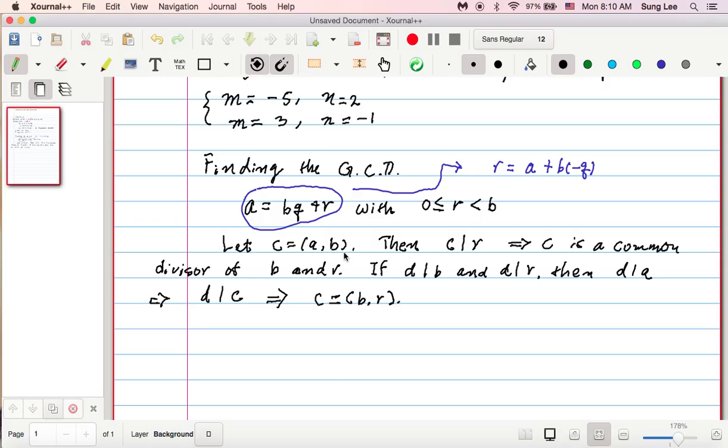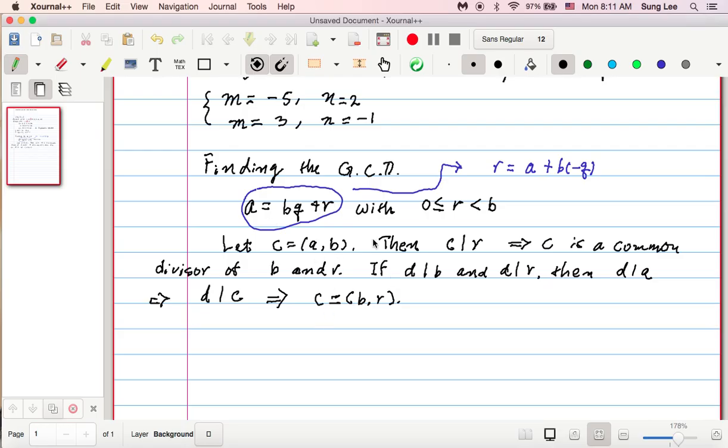So what does it say? Starting out, c is the greatest common divisor of a and b, but we can come up with a pair of two smaller numbers which gives rise to the same greatest common divisor. Obviously, finding the GCD of the two smaller integers is going to be easier than the previous one.